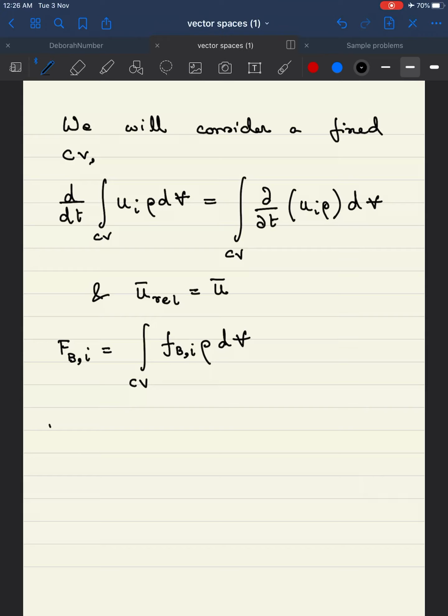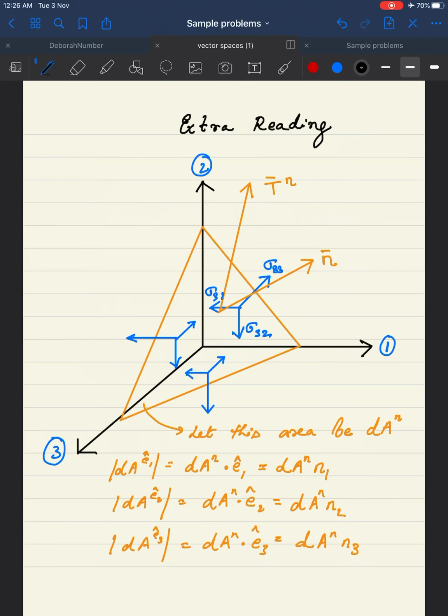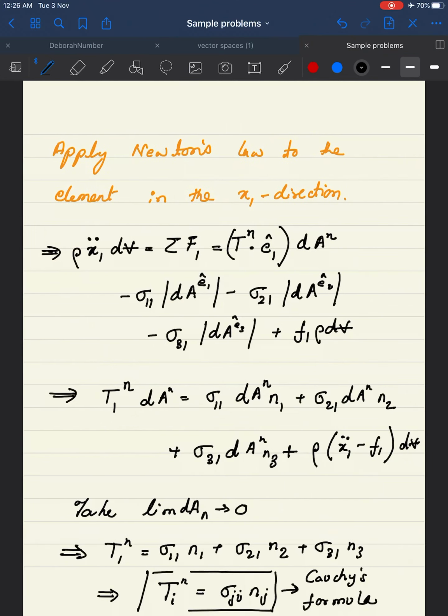Similarly, for the surface force, I can now write it as the integral of the entire surface forces, which is given by my traction vectors, right? Remember, this is the force per unit area, and if I have to find the net force, then I need to multiply it with the area and then do an integral.